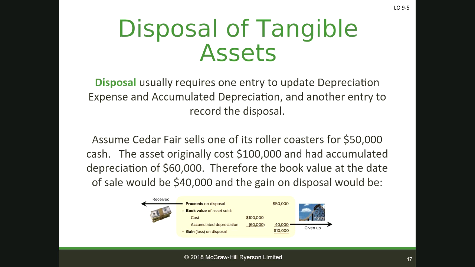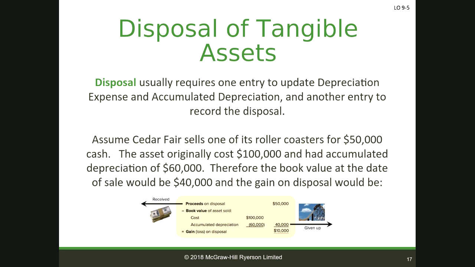So we'll assume we're in the 2020 fiscal year. Well, that asset has been used for 6 months. So we have to make sure our accounting records reflect 6 months of depreciation on that asset. If it doesn't, then our calculation of the gain or loss on disposal will be inaccurate.